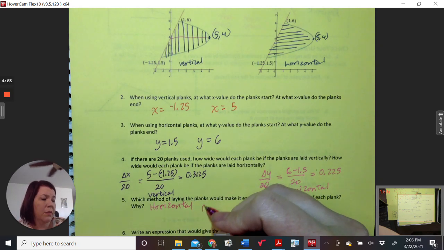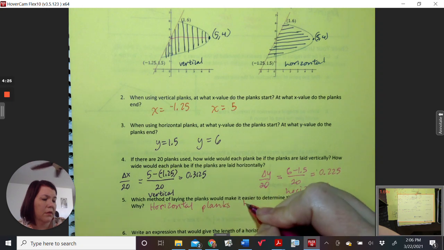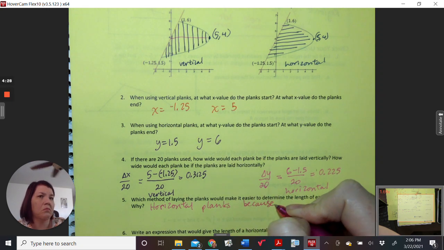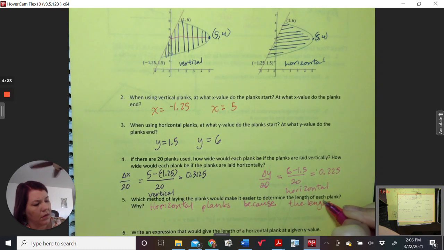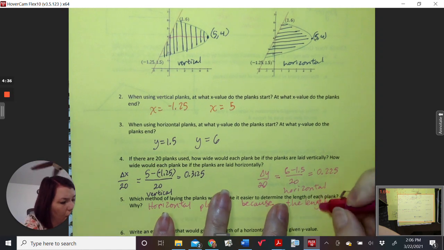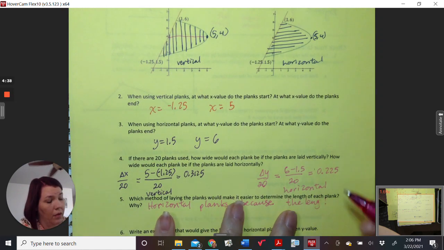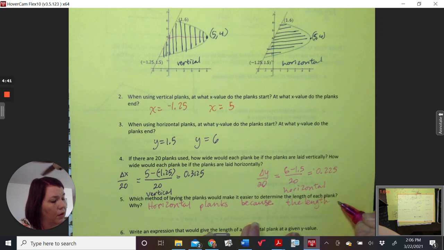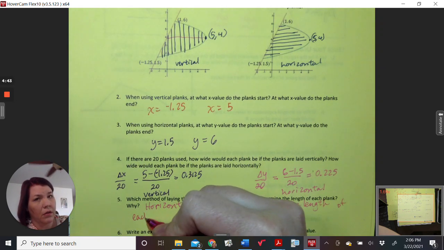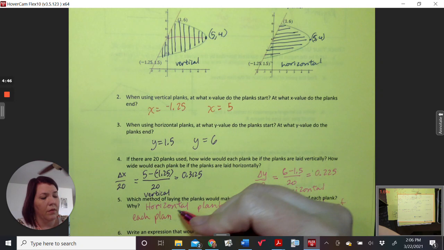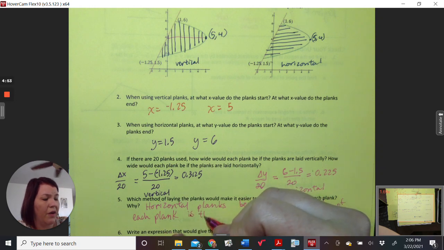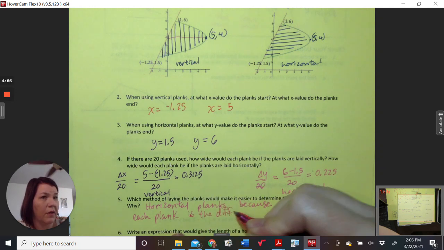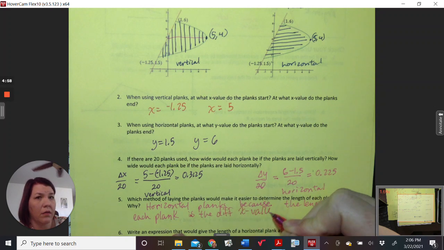Planks, because the length of each plank is the difference between y values, between x values, excuse me.